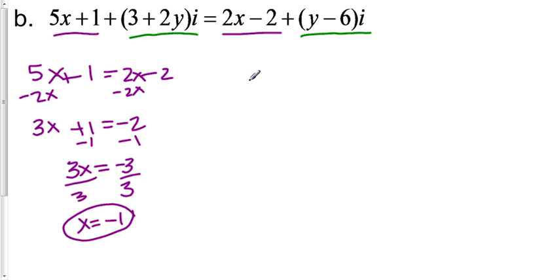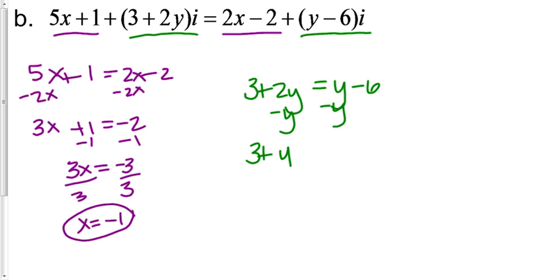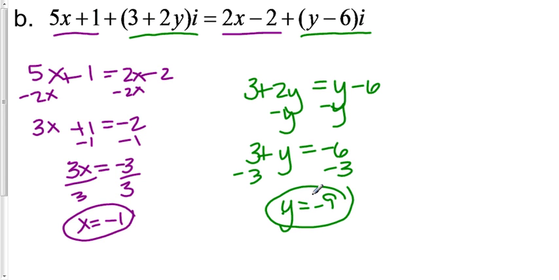For these two sides to be equal, 3 plus 2y has to be equal to y minus 6. So I'm going to take away y from each side. 2 minus 1 leaves me with 1y, so 3 plus y equals negative 6. Subtract 3 from both sides, and y equals negative 9. Okay, that's all there is to it.